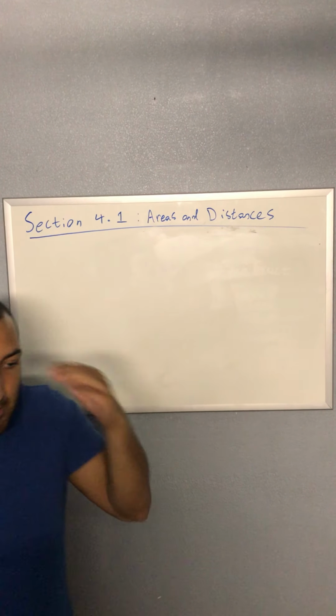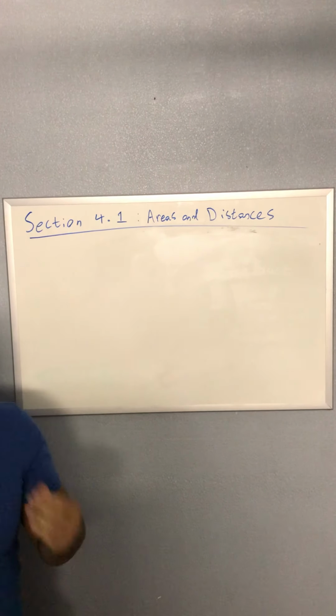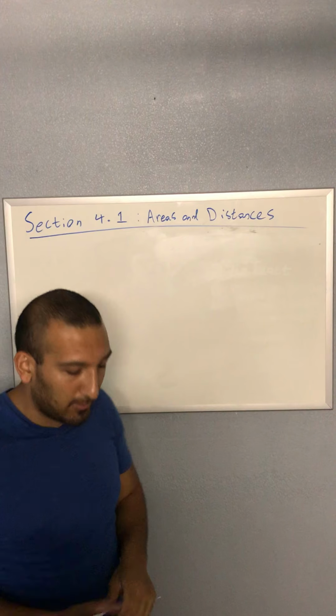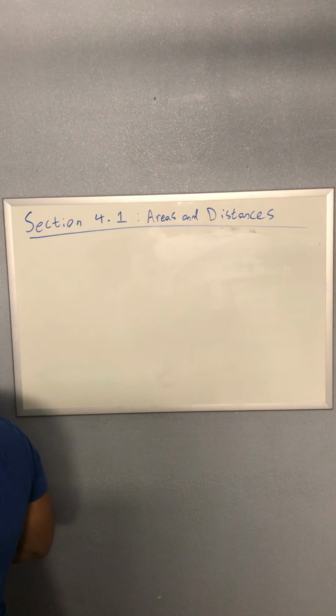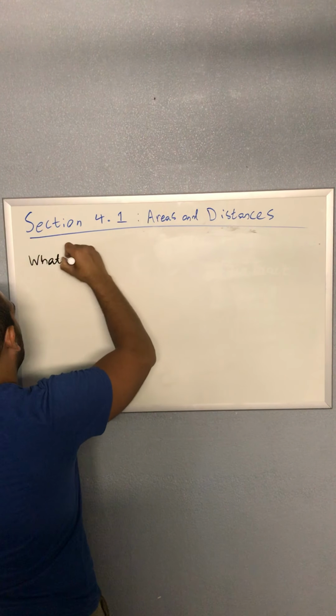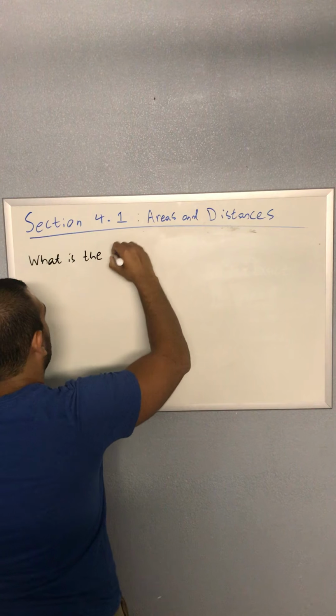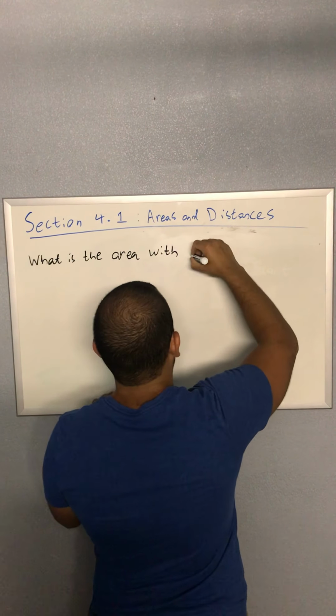So to begin, we need to figure out, if we have n rectangles, what the area is going to be. So to begin, let's consider this. What is the area with n rectangles?